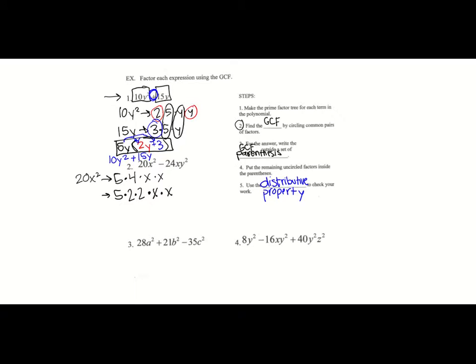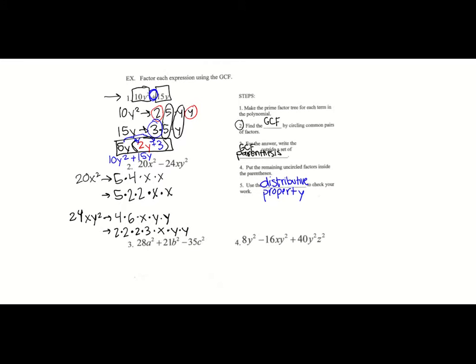So then I'm going to find the prime version of my other term, 24xy squared. I can break 24 into 4 times 6 times x times y, but again I can still break that up, so I'm going to break it up again down here. 4 is 2 times 2, and 6 is 2 times 3, then times x and times y times y.